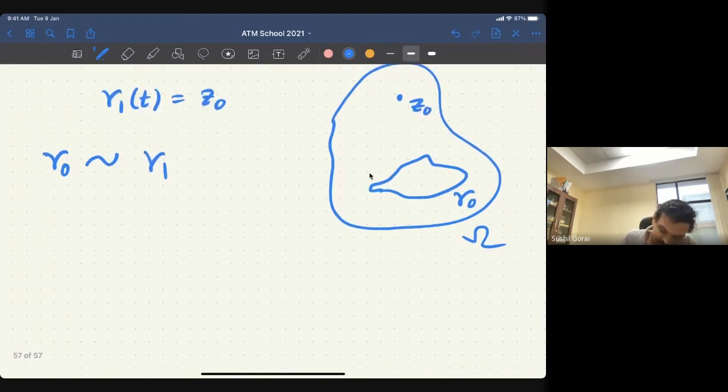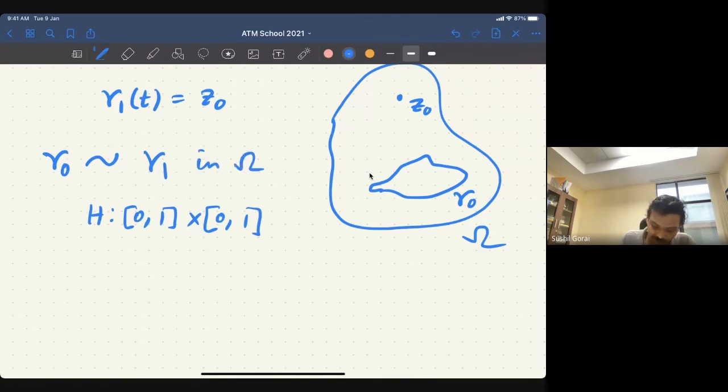So how do you give a homotopy? H from [0,1] cross [0,1] into omega. So inside omega, which is the topological space now. So define H. This one you move, the same thing. Whatever is there, my drawing is not okay.